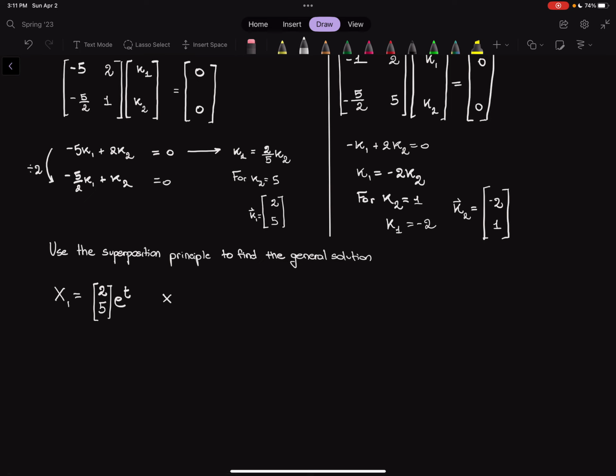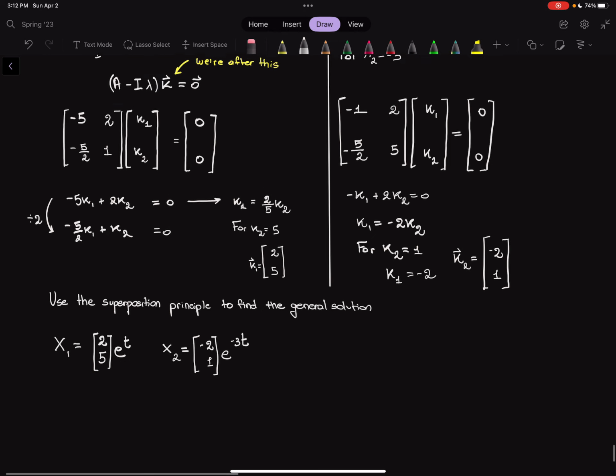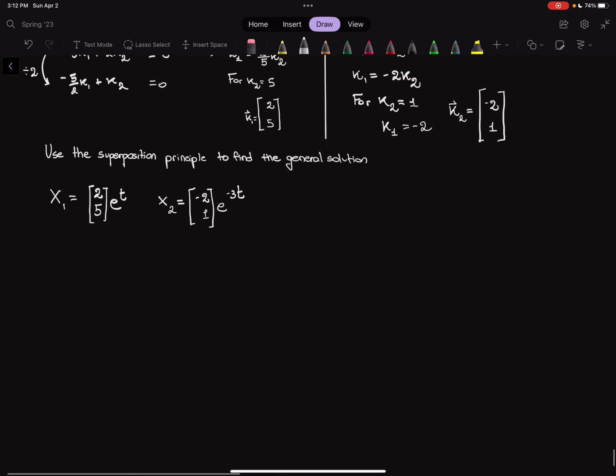And our x2 is going to be -2 and 1, e, and it was a -3 for the lambda. And now our general solution is going to be these two added together with some constants in front. Plus C2 times -2, 1, e to -3t.